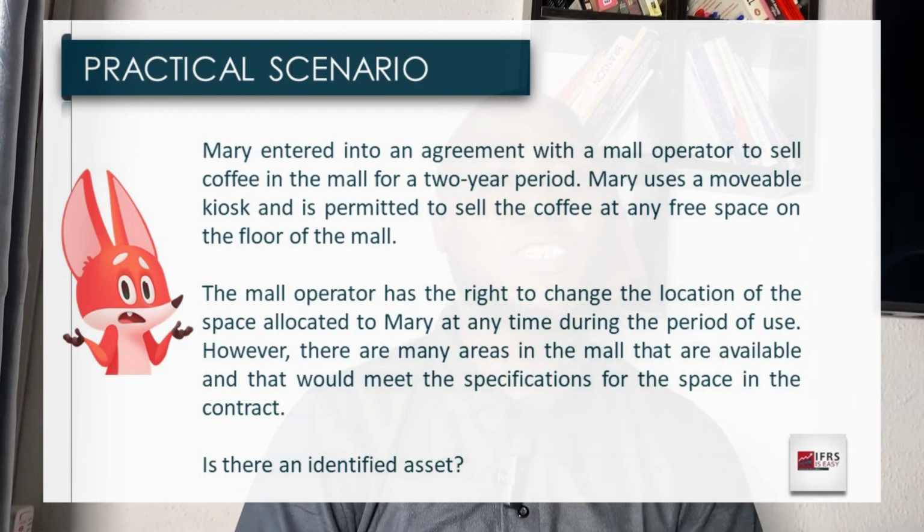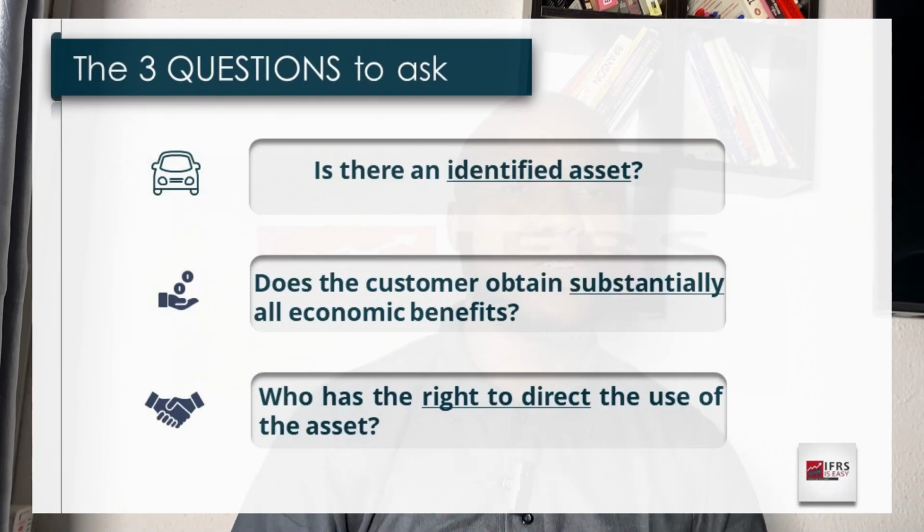The second question to ask is, does the customer obtain substantial economic benefit from the use of the asset? It is important to note that all cash flows that relate to using that asset must flow to me as a result of leasing that asset. Otherwise, I do not have a lease contract.